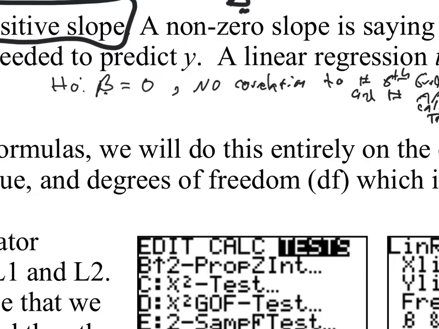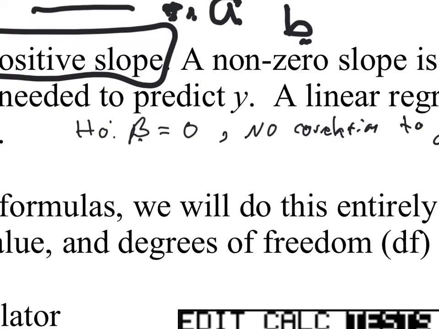But we've got good data here. Was our slope 0? No. Our slope was positive. So I can say my alternative hypothesis: the slope is greater than 0.